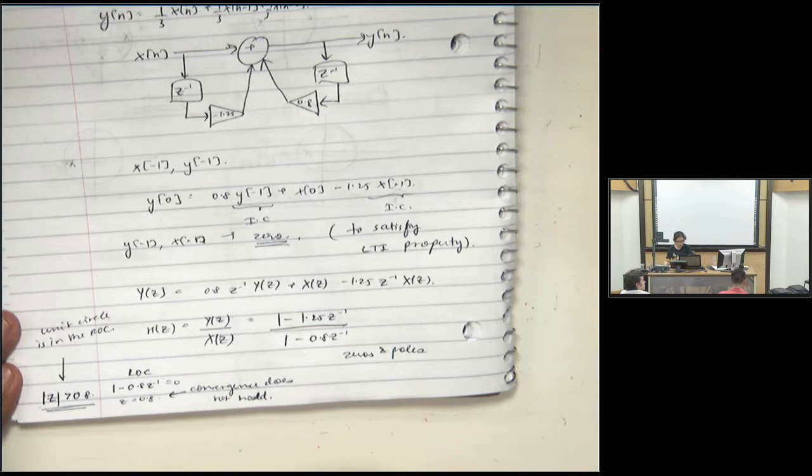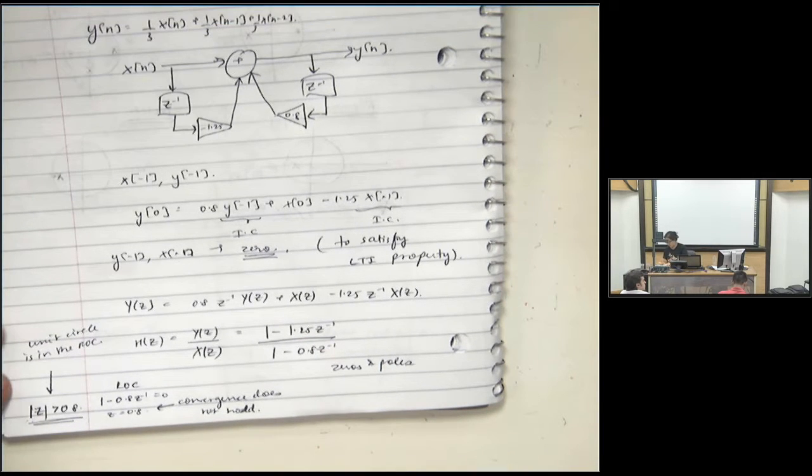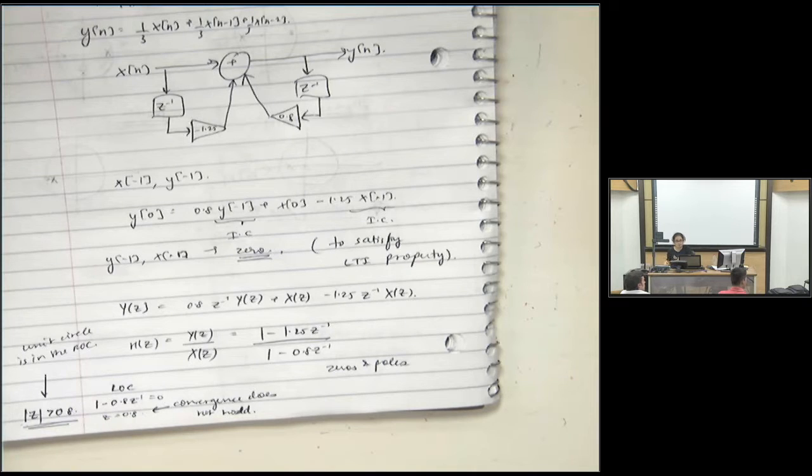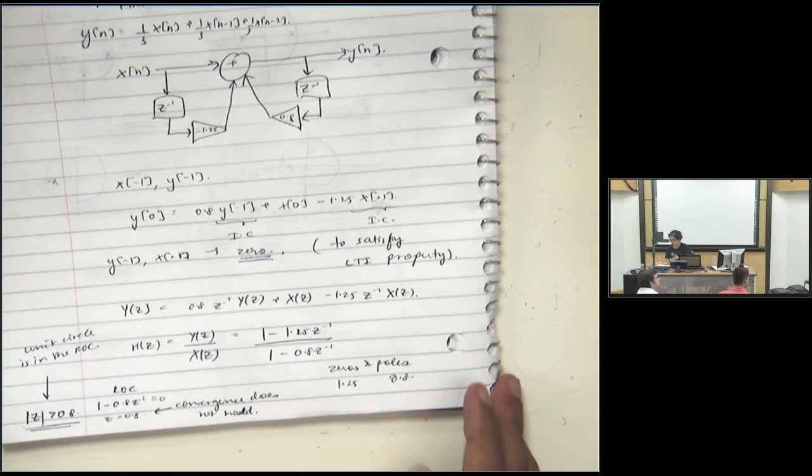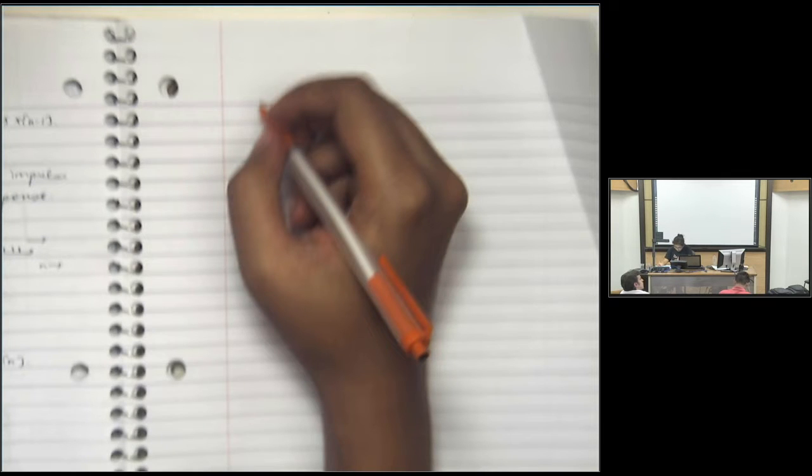Next question. What are the zeros and poles? Zero is 1.25, correct? Pole is 0.8. So zero at 1.25, pole at 0.8. Alright? Now, I have my unit circle in the ROC.